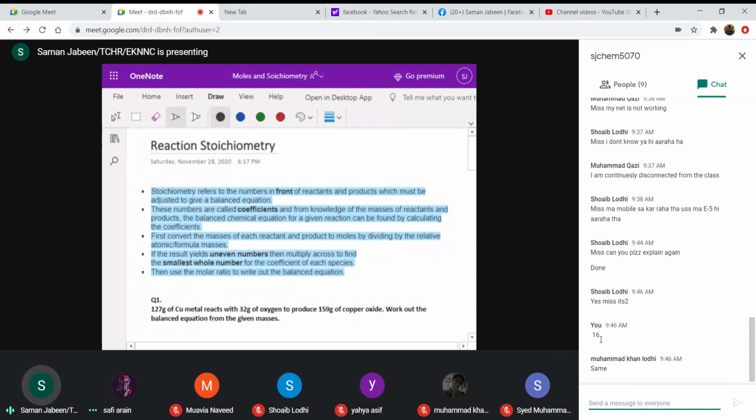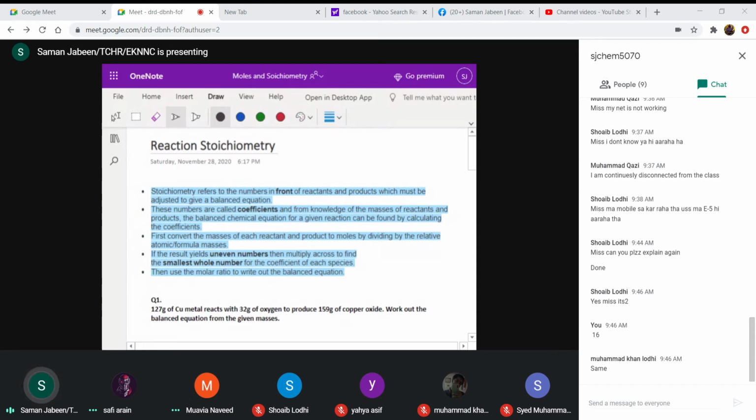Now, copper oxide. What is the MR of copper oxide? CuO. Copper is 64, oxygen is 16, so 16 plus 64 is 80.